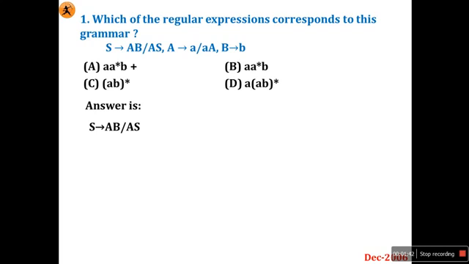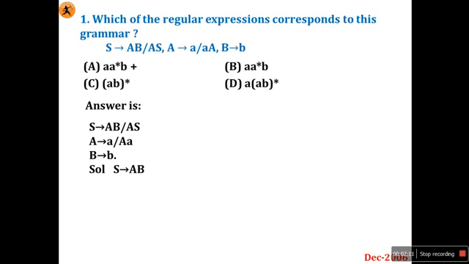Now we'll substitute A in this expression. Capital letters indicate non-terminals and small letters indicate terminals. Who don't know the finite automata, please go through it. These are basic things. Now first look at all three productions. Now we'll start with the starting symbol S goes to AB.